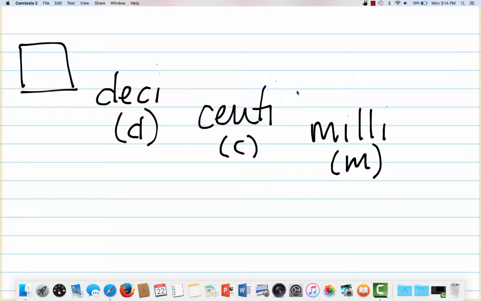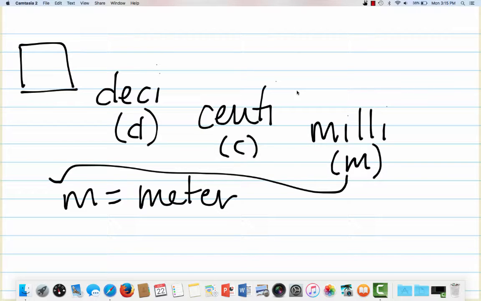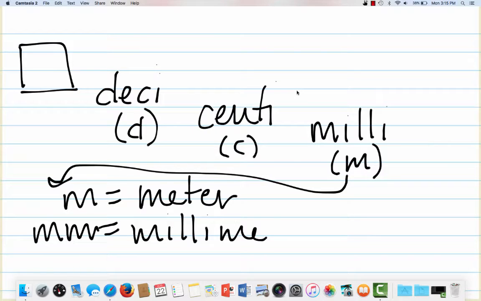So one thing I do want you to recognize: if there is just one M, this means meter. If I put this in front of it, and it's a double M, then I have what is going to be a millimeter. So don't get confused. If it's just a single M, it stands for your base unit of meter, not the milli.